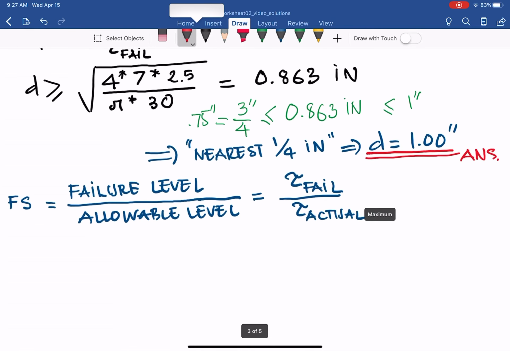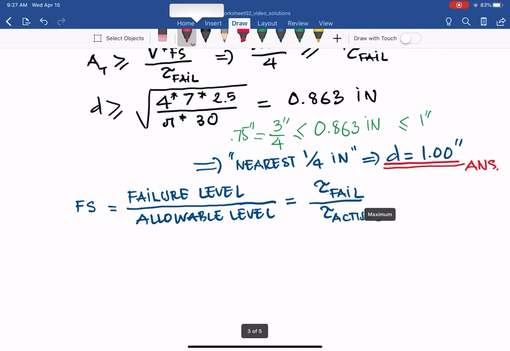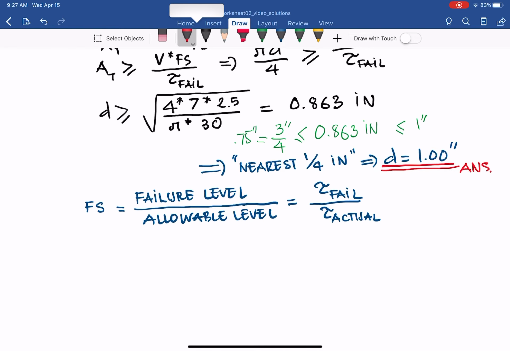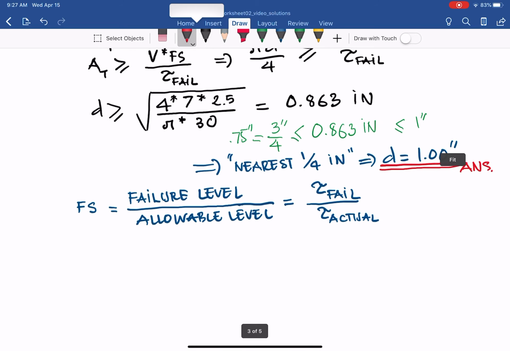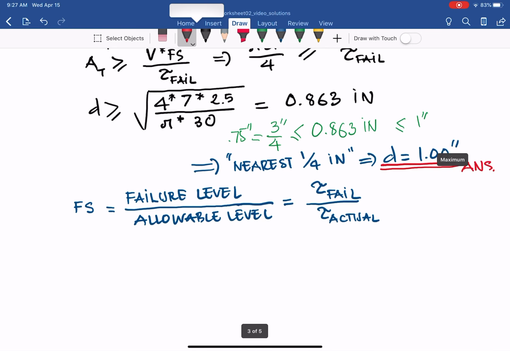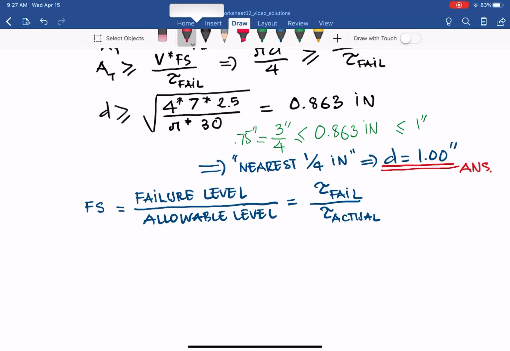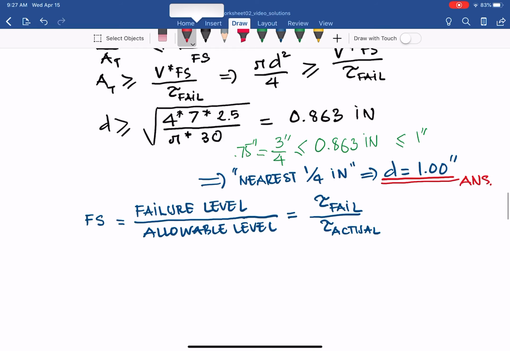So from that we can put the tau actual. What should be the actual shear stress occurring in this structure after we choose the diameter of 1 inch? Here we check the actual factor of safety, so you replace the allowable with the actual. Now we plug in the numbers.